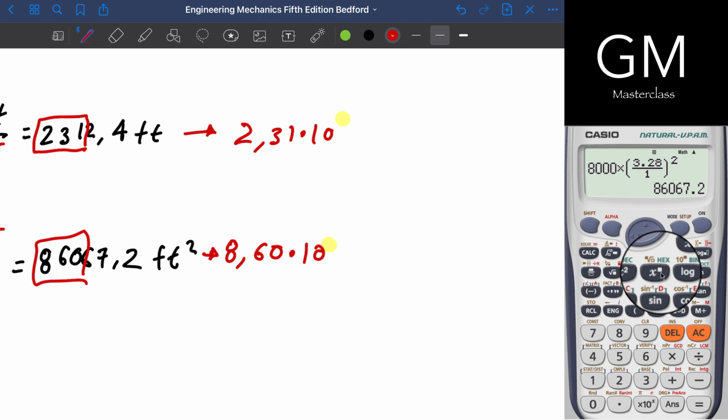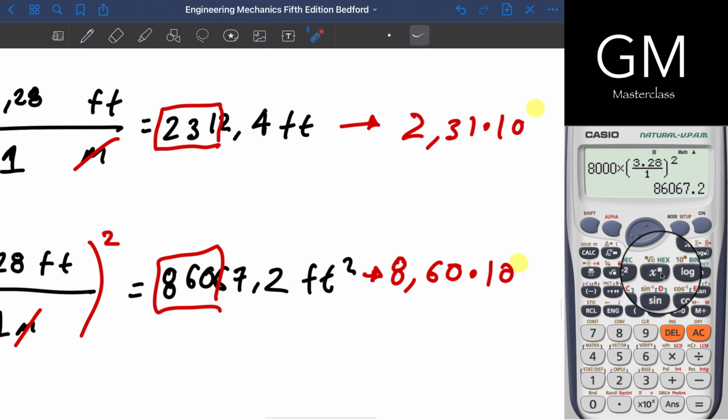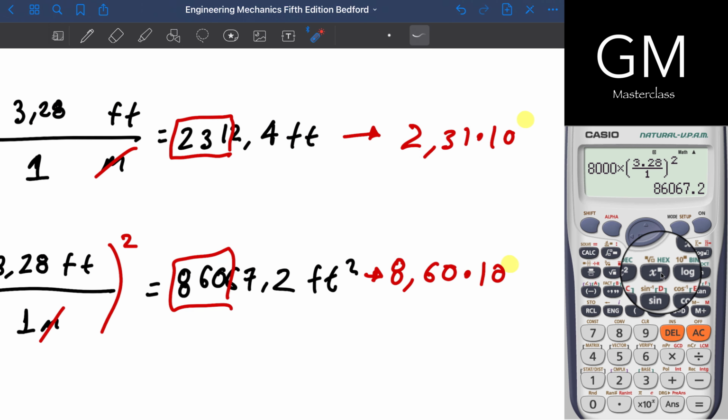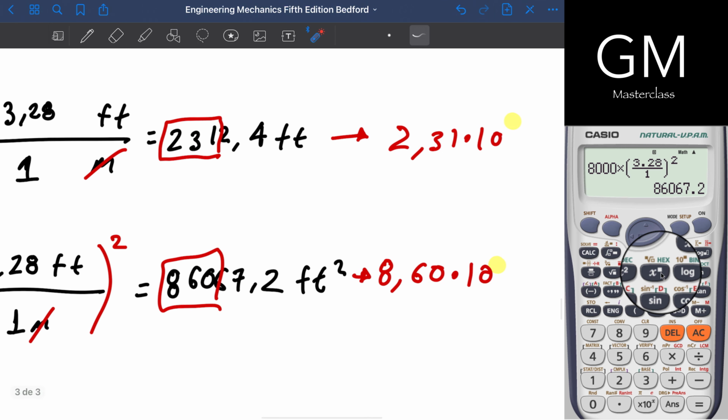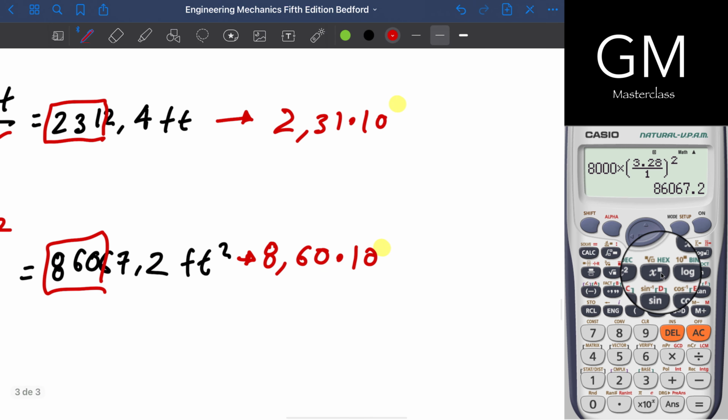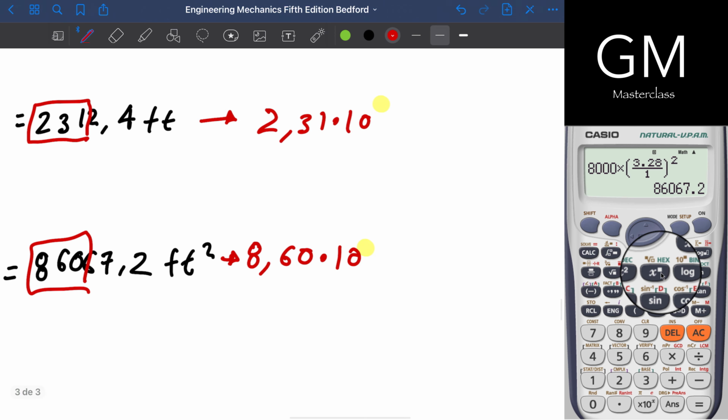But how can I get this power? This is pretty easy. I just have to know how many spots I moved the comma or the point. At first the comma was here, and then the comma is actually here in this notation. So I moved it 1, 2, and 3 spots. So the power that I'm going to take here is the 3rd power.